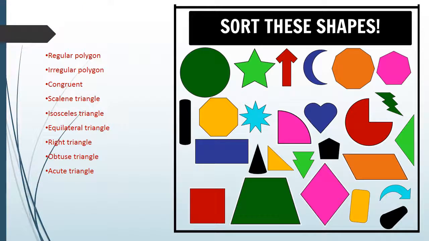So our little shape sorter here, these are the vocabulary words for this unit. Regular polygon means that everything is congruent. The sides are the same size, or the same length. So let's have a look and see which of our polygons in this box are regular. First of all, the circle.